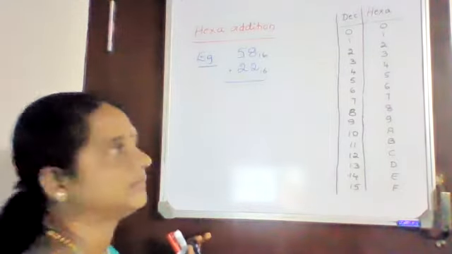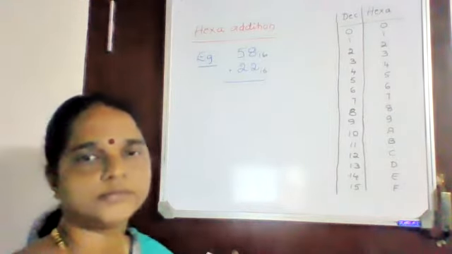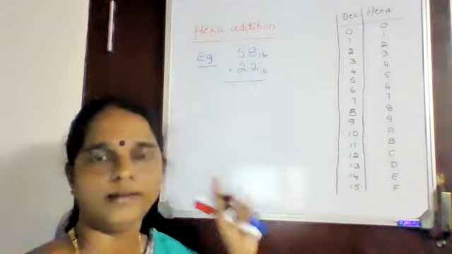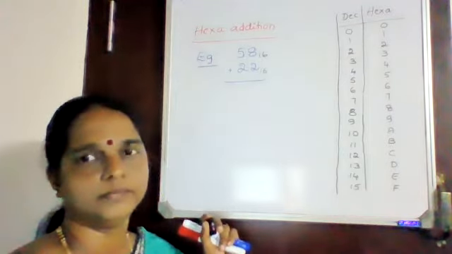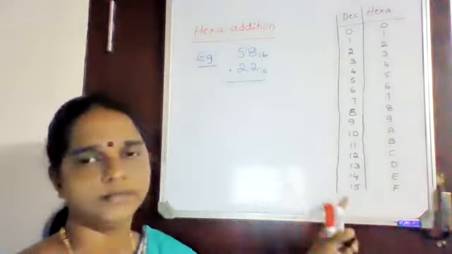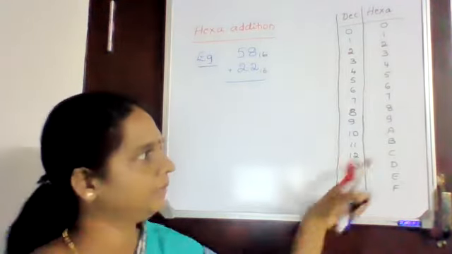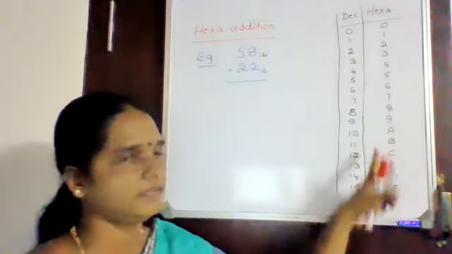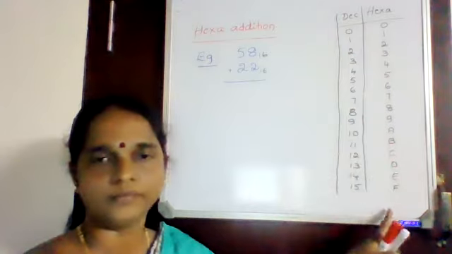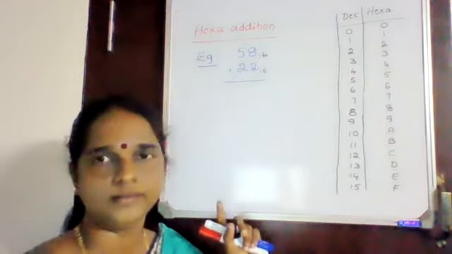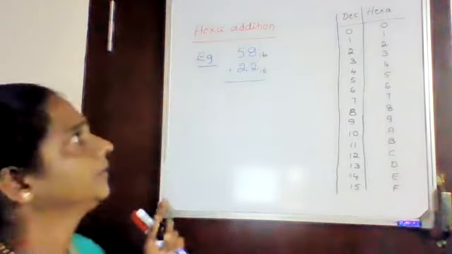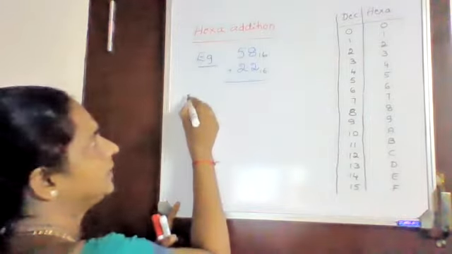A few rules you have to remember while adding hexadecimal numbers, because it is not the regular decimal addition. Here we have 6 more alphabets included in the hexadecimal number system.